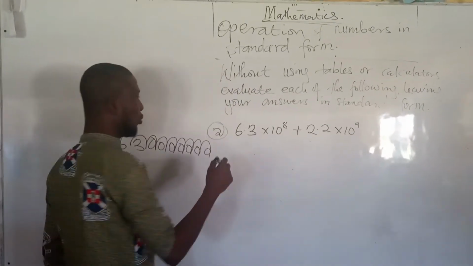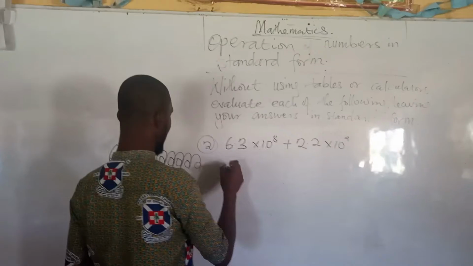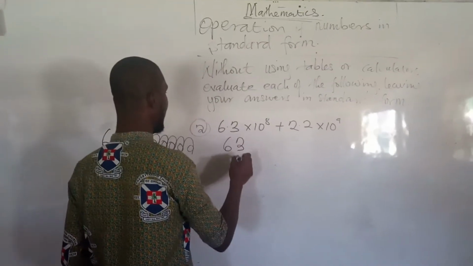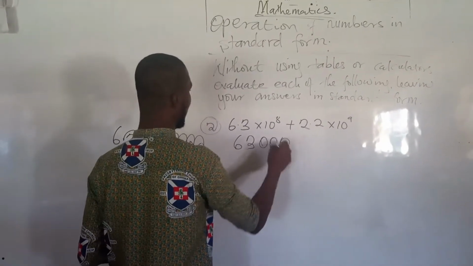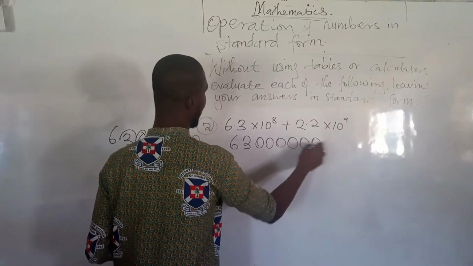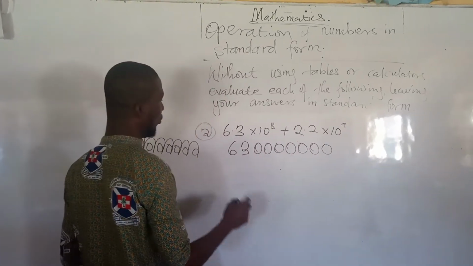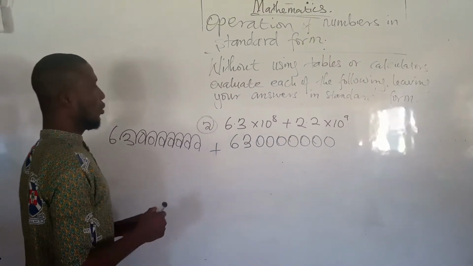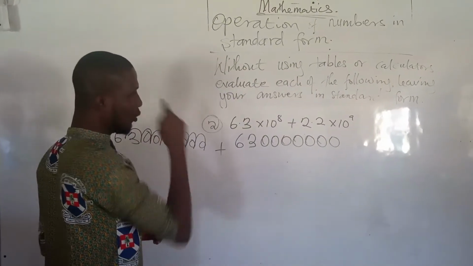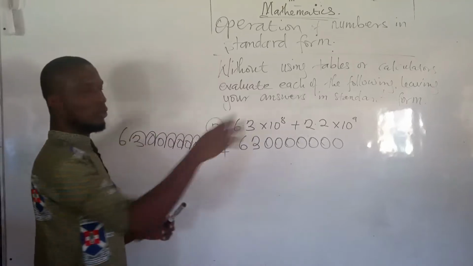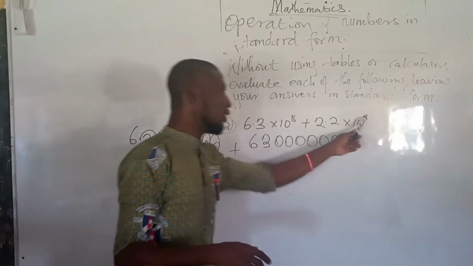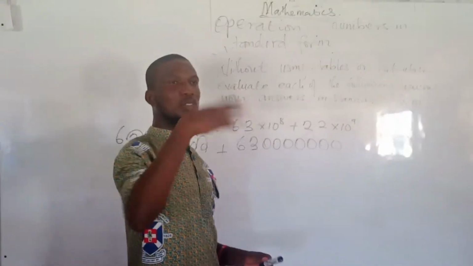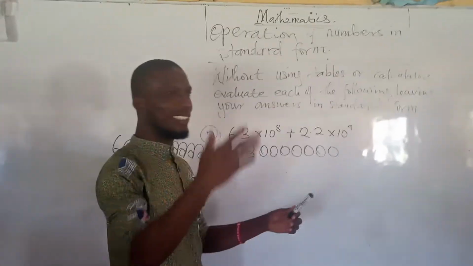Now this is equal to 6, 3, then 1, 2, 3, 4, 5, 6, 7 zeros. Plus, we do the same to this. We are going to move the point to the right because it's a positive exponent. We are going to move the point to the right 9 times.